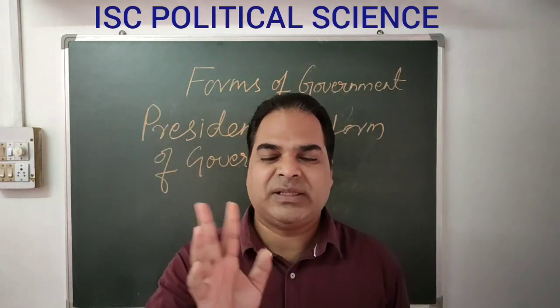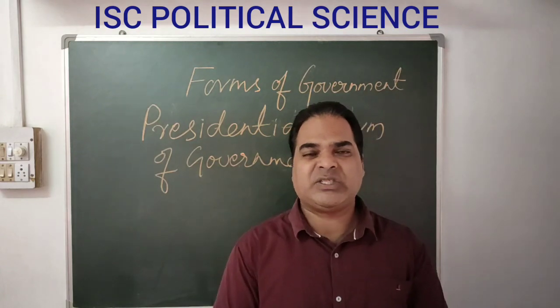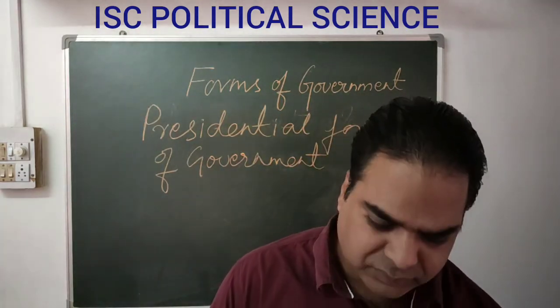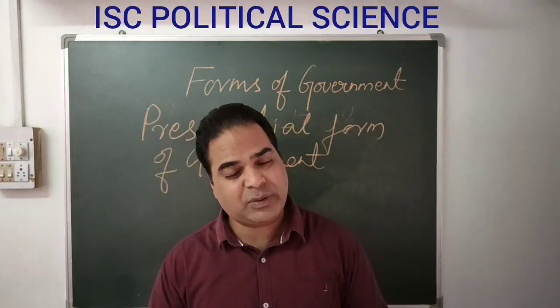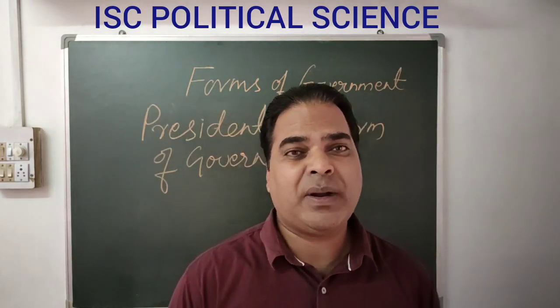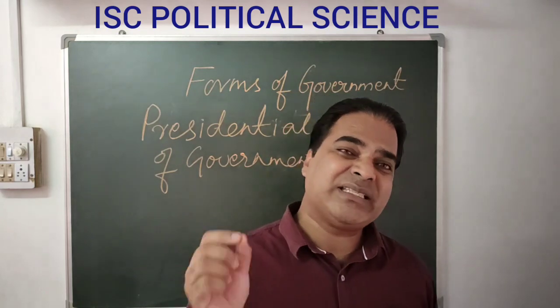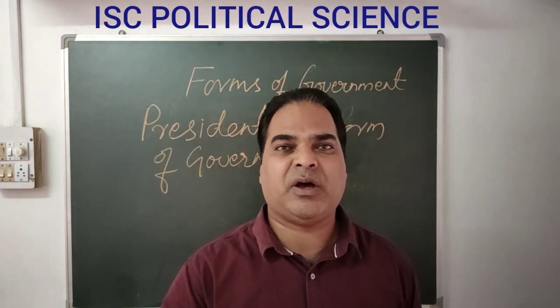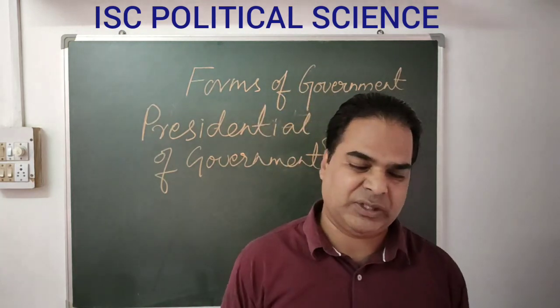So there is no close relationship between the legislature and the executive in the presidential form of government. That is why, what is the presidential form of government? It is a system in which the executive is not responsible or accountable to the legislature.